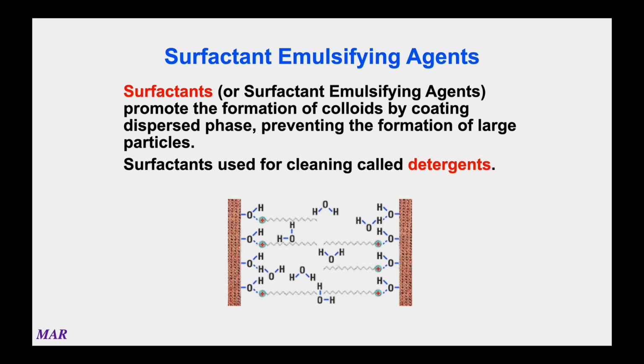Surfactants, which are also known as emulsifying agents, promote the formation of colloids by coating dispersed phases, preventing the formation of large particles. So basically, these are like soaps, all right? And the soaps, if you will, basically have a little positive or sometimes negative end, and they have a big nonpolar body, all right?